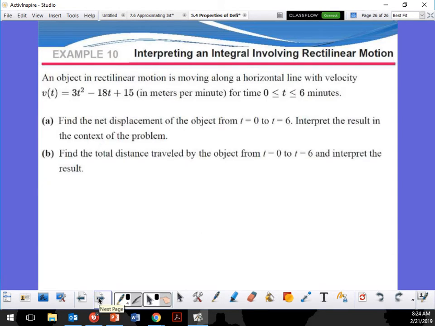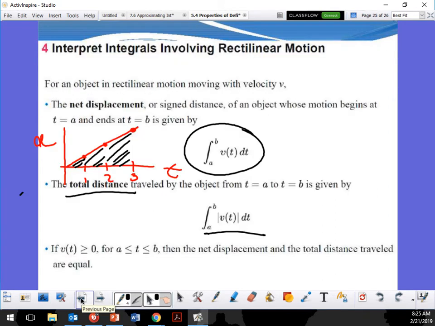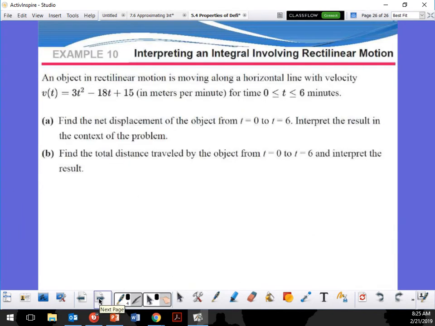All right, an object in rectilinear motion is moving along a horizontal line with the velocity v of t in meters per minute. Okay? So from the time 0 to 6, find the net displacement. Net displacement.